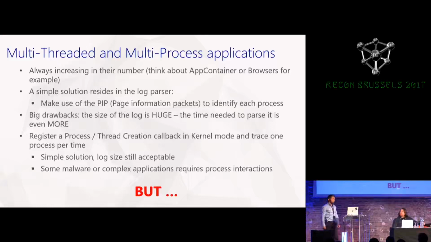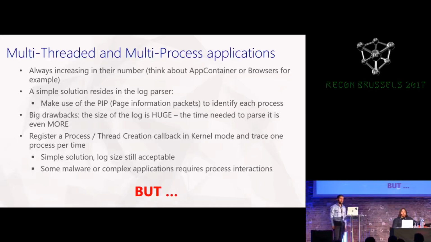To overcome that, we can identify the paging information packets of each process and use processor trace, instructing it to filter by CR3. But we have a big drawback because the size of the log is huge. I mean, in that way you trace all the processes that run in user mode, all the loader code and whatever, and this is a problem.